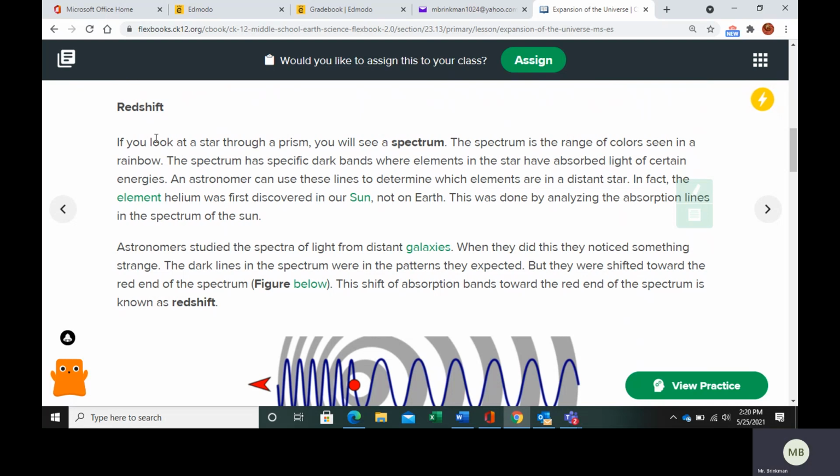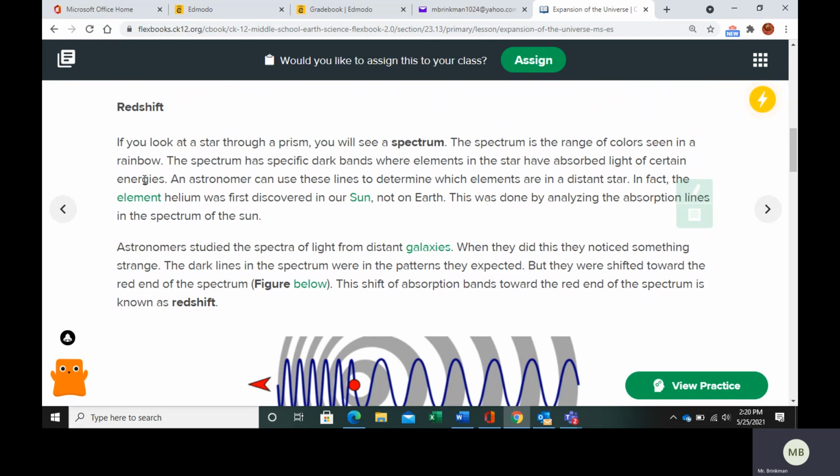All right. So if you look at a star through a prism, you see a spectrum of light. The spectrum has dark bands where elements in the star absorb light of a certain energy. So they absorb light of a certain color.